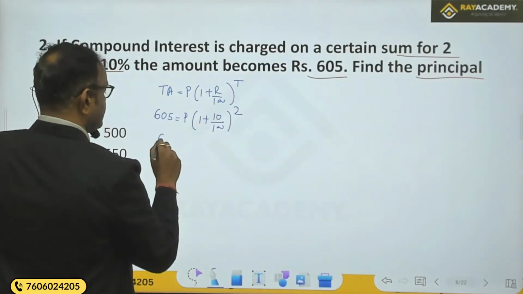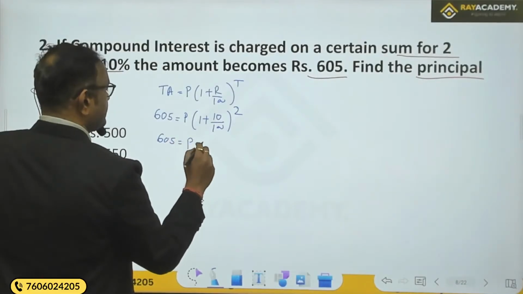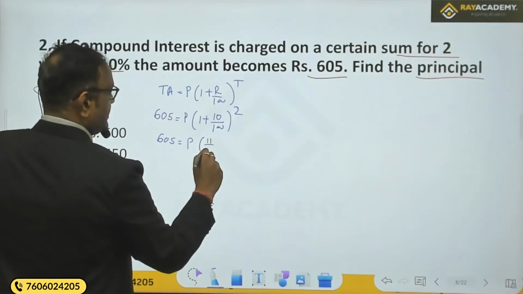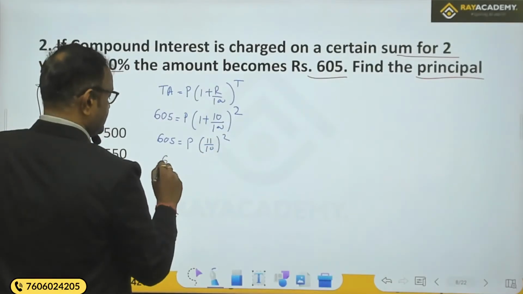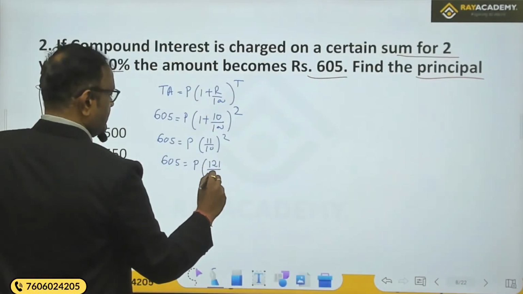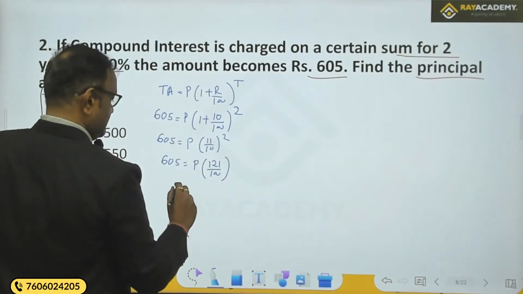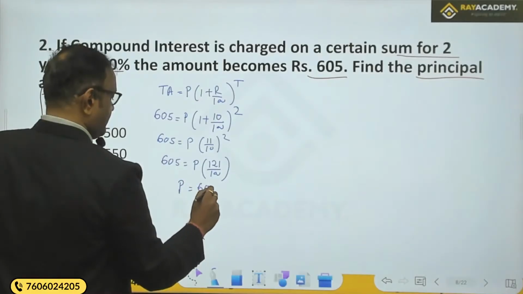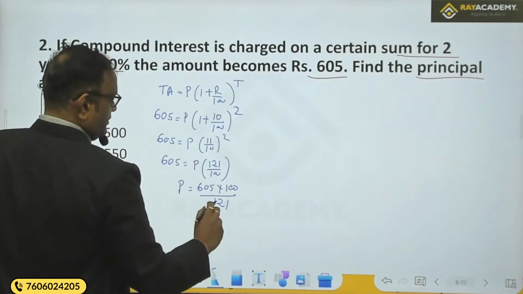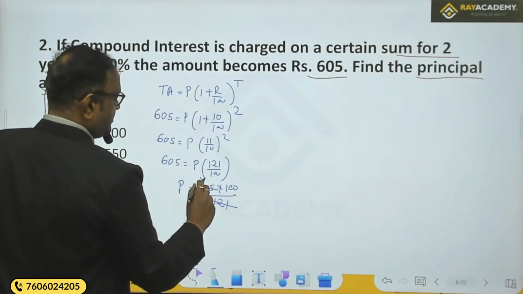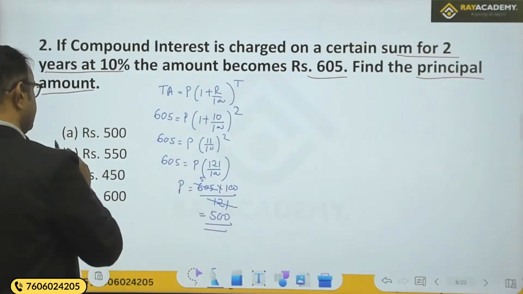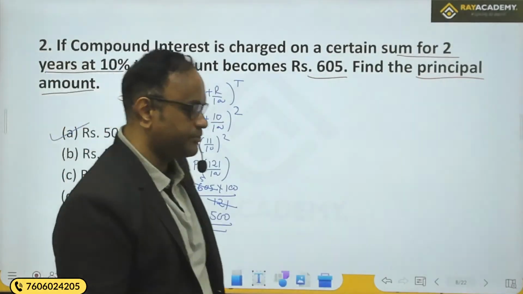Right? 605 equals P into 110 by 100, that is 11 by 10 squared. So 605 equals P into 121 by 100. Okay? P equals 605 into 100 by 121. So 121 divides 605 five times. So the answer is 500 rupees. So the principal amount is 500 rupees.